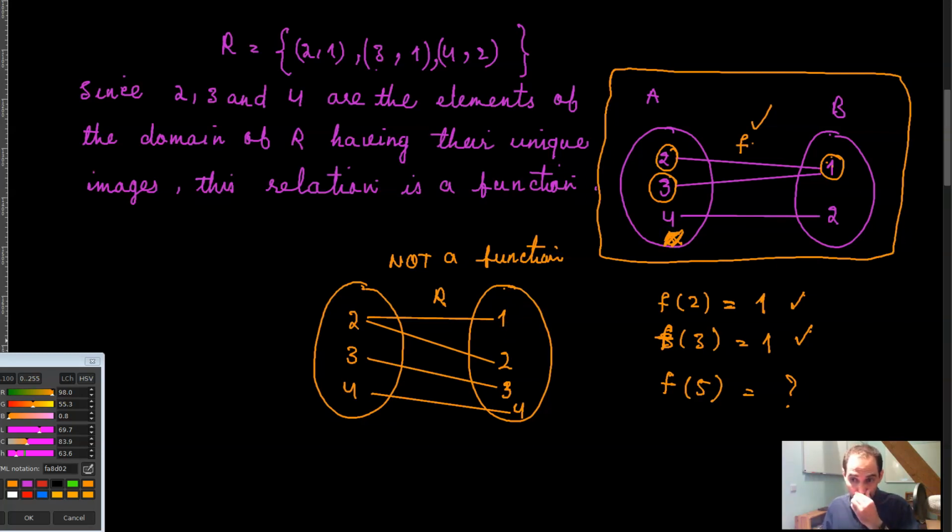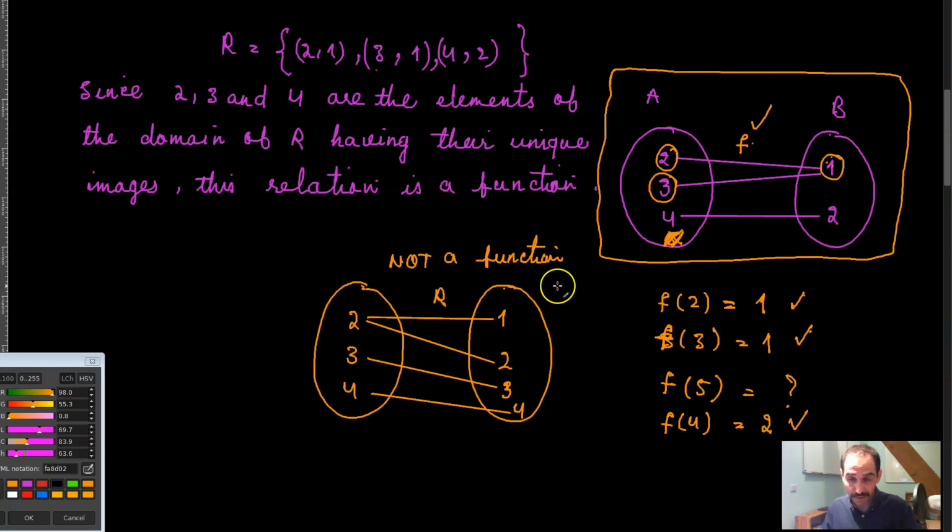So basically what that means is that for every element that you can find here, it's possible for you to decide its image. For example, if you were to ask what is the image of 4 under f, you would simply say it's equal to 2. You can decide that, right?